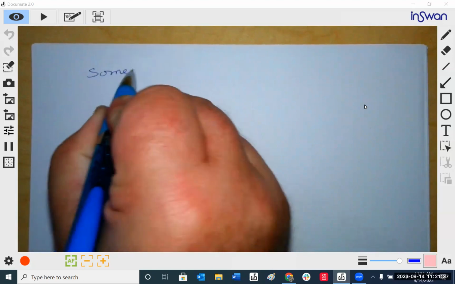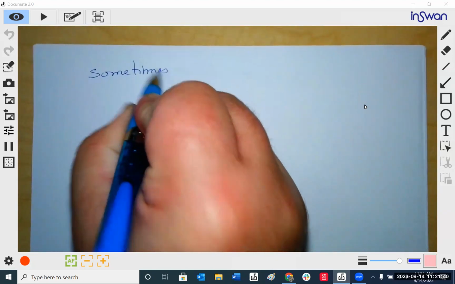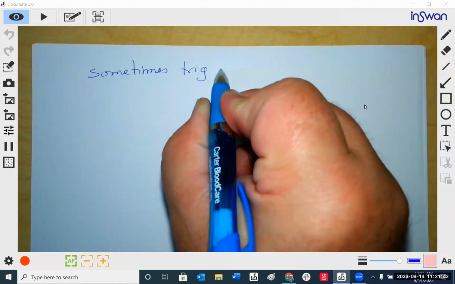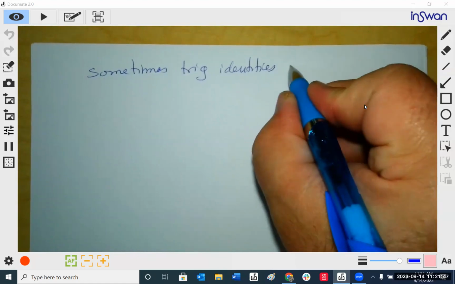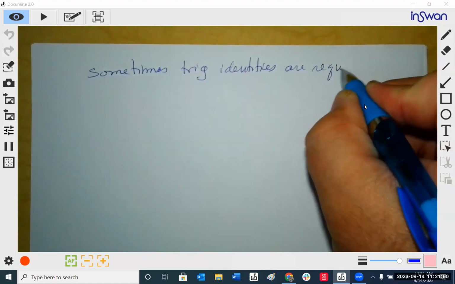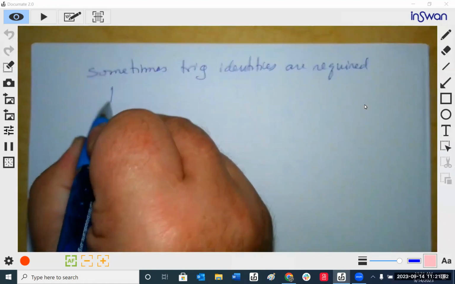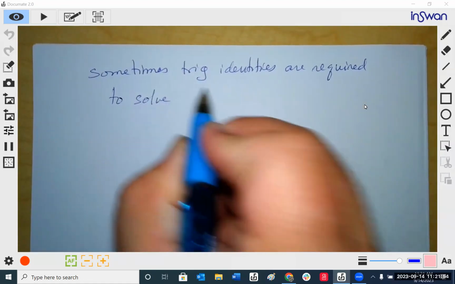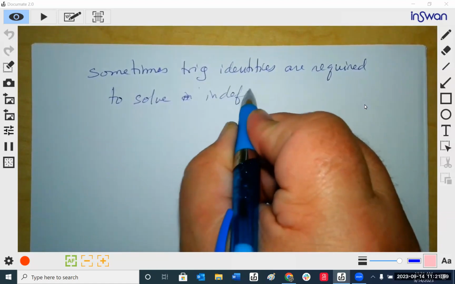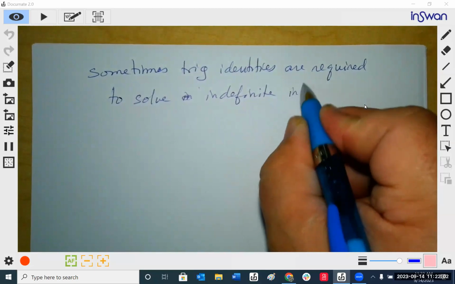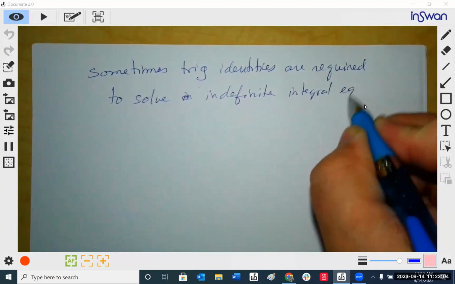Let's look at trig functions now. Sometimes trig identities are required to solve indefinite integrals.